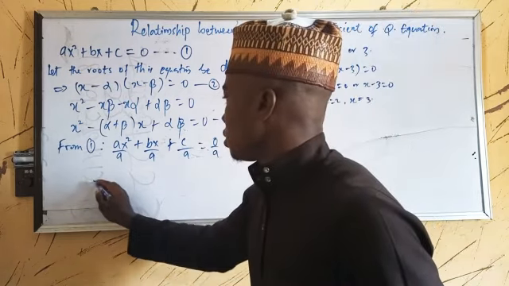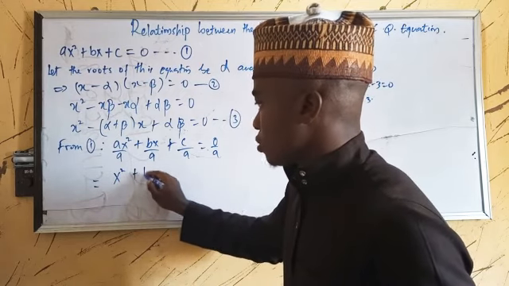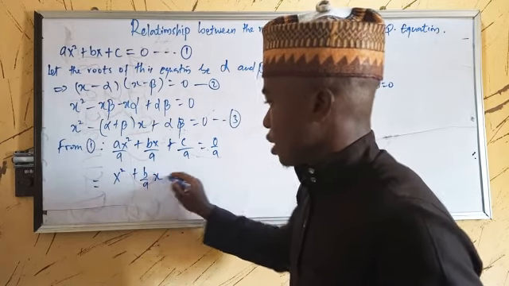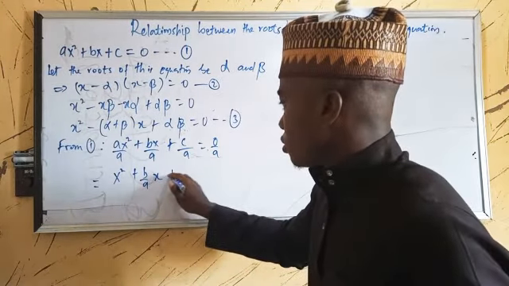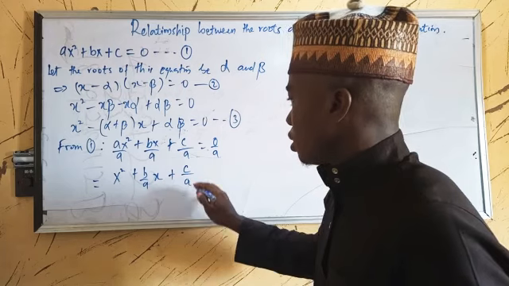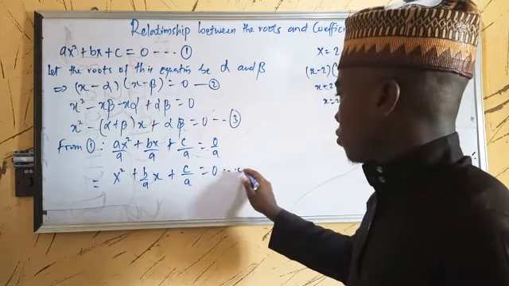So automatically, you'll see that we have x squared plus b over a x, plus c over a equals 0. So let's call this equation 4.